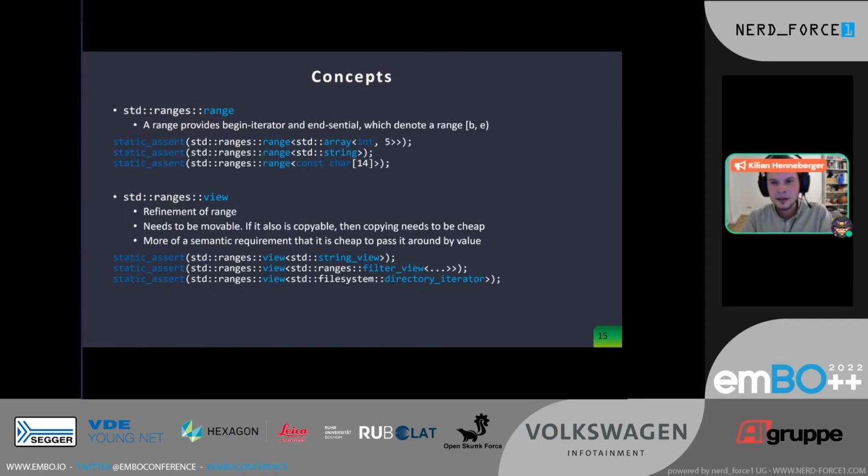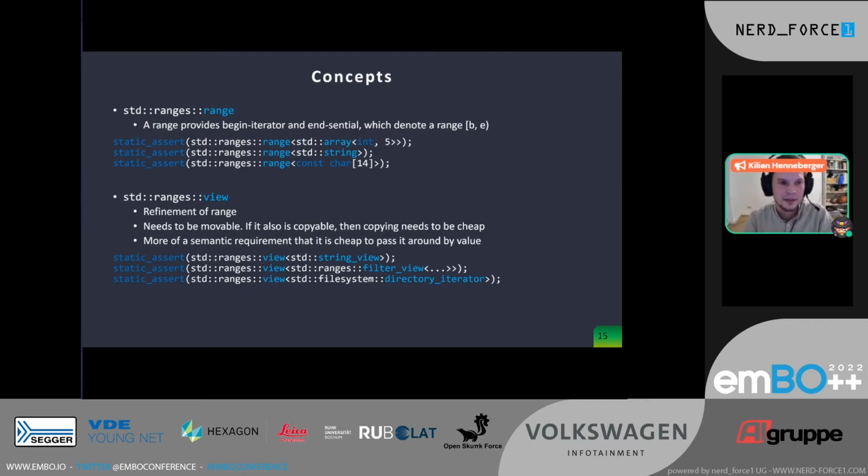I'm actually slightly struggling to explain view because it's not that easy. If you write a type, it's not like the concept view could detect if it is a view or not. You have to opt it in. This now goes beyond the detail of this talk, but basically you have to specialize a variable template and set it to true to indicate that this type is a view now.